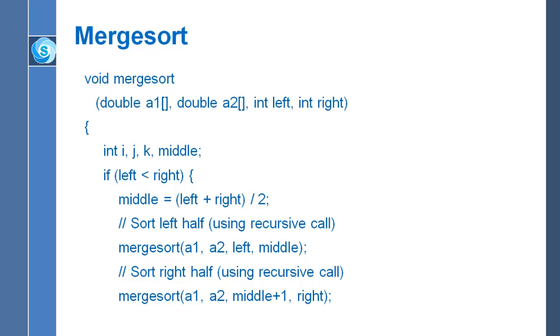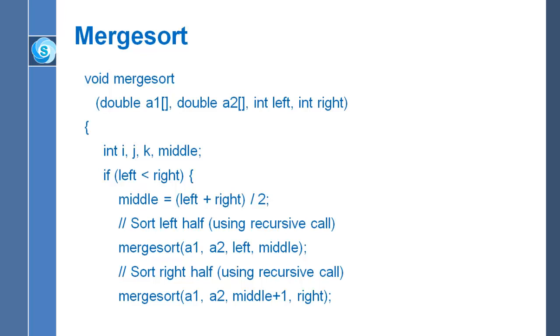So if we have left equal to right, well, that would mean we're trying to sort an array of size 1. And as I said, if we're trying to sort a subarray of size 1, then there's really nothing to do. Okay, and we'll see that this program is going to basically do nothing at all in the case where left is greater than or equal to right.